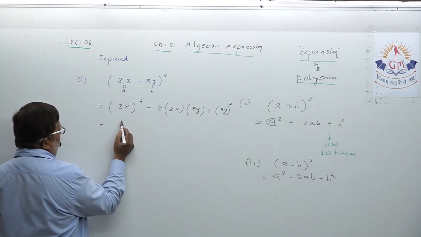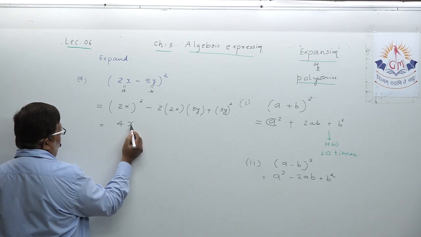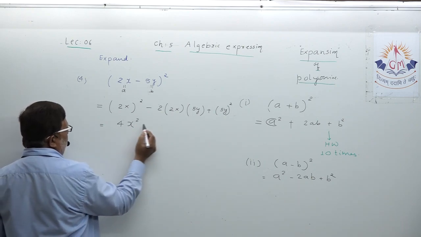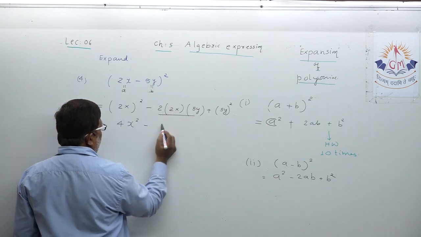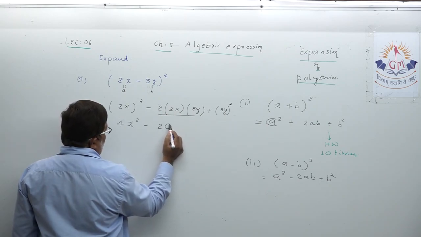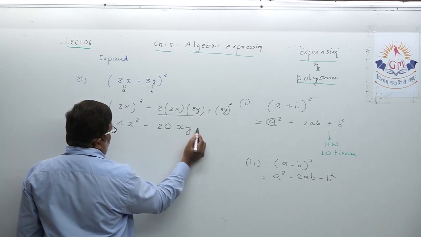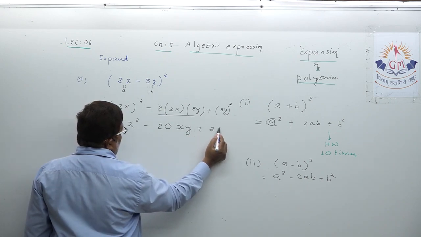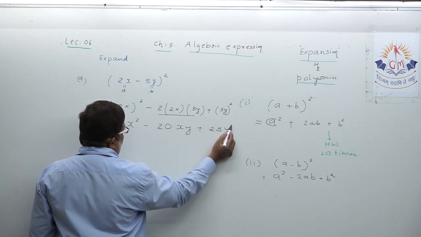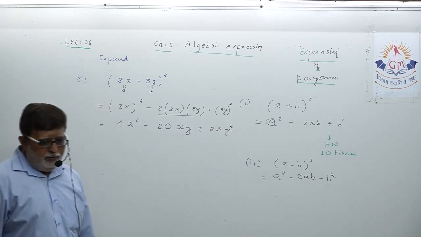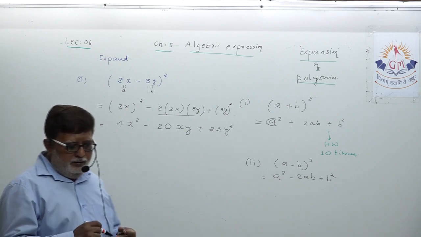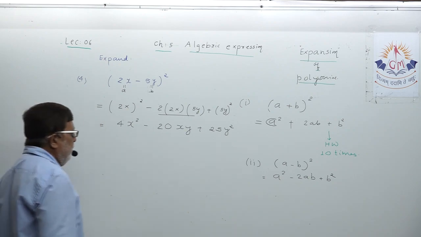Just simplify. 2x square, that means 4x square. Multiply all three terms: 2 times 2 is 4, times 5 is 20xy, plus 25y square. Okay, just a question of changing the sign of the middle term.